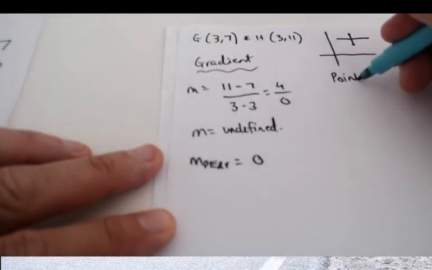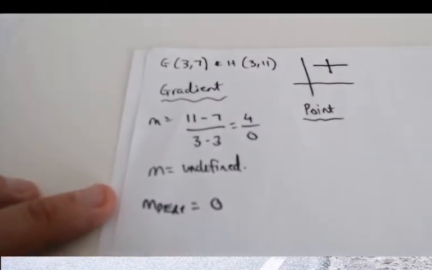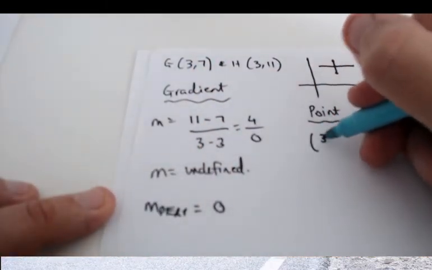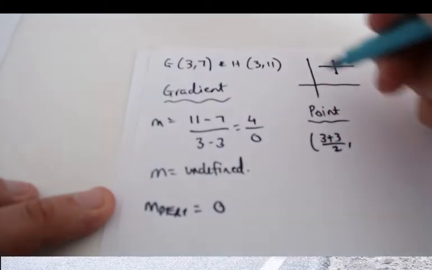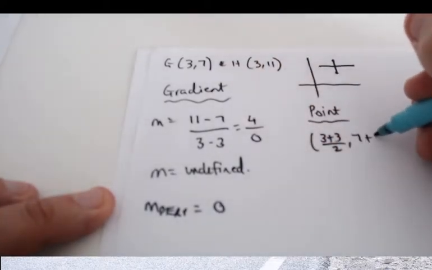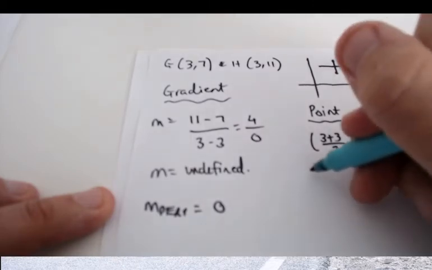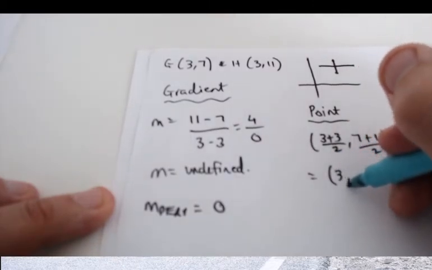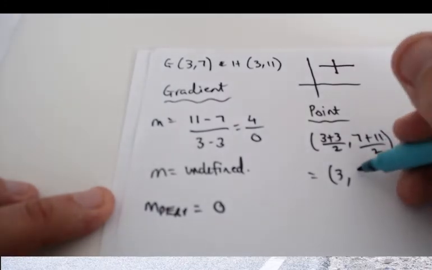Point. I still need my midpoint. So I'm going to add together the x's and half it. 3 add 3, halved. I'm going to add together the y's and half it. That will give me 3 add 3, 6, halved, makes 3. 7 add 11 is 18, halved makes 9.